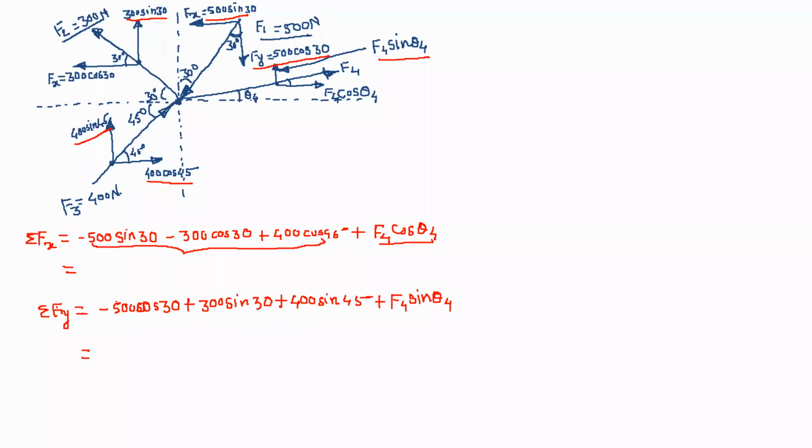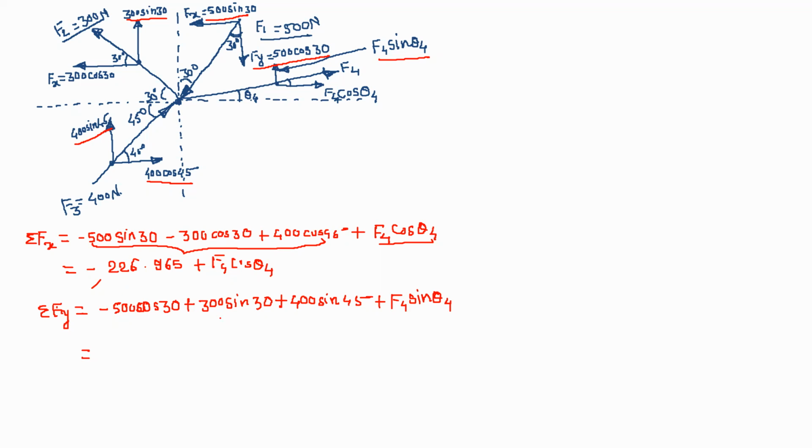So just check the answer. So this answer is minus 226.965 plus this remaining value as it is, F4 cos theta 4. Okay.